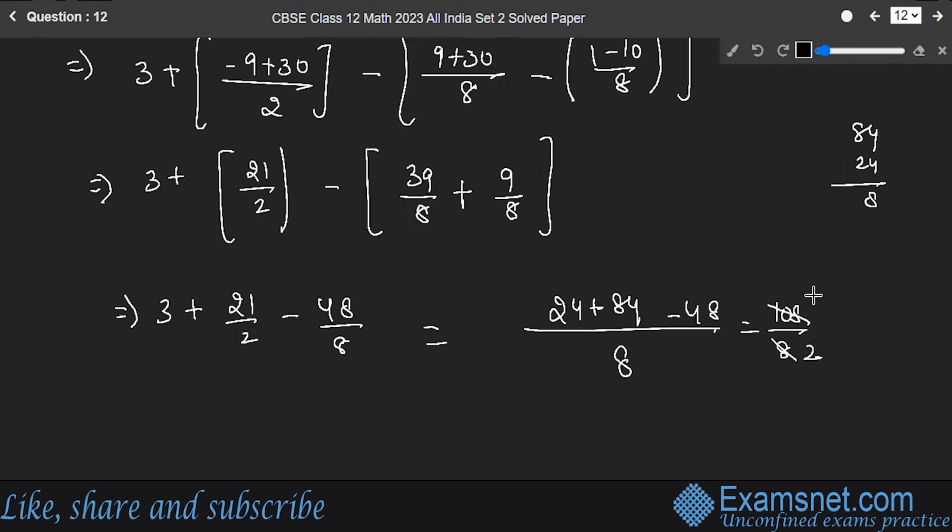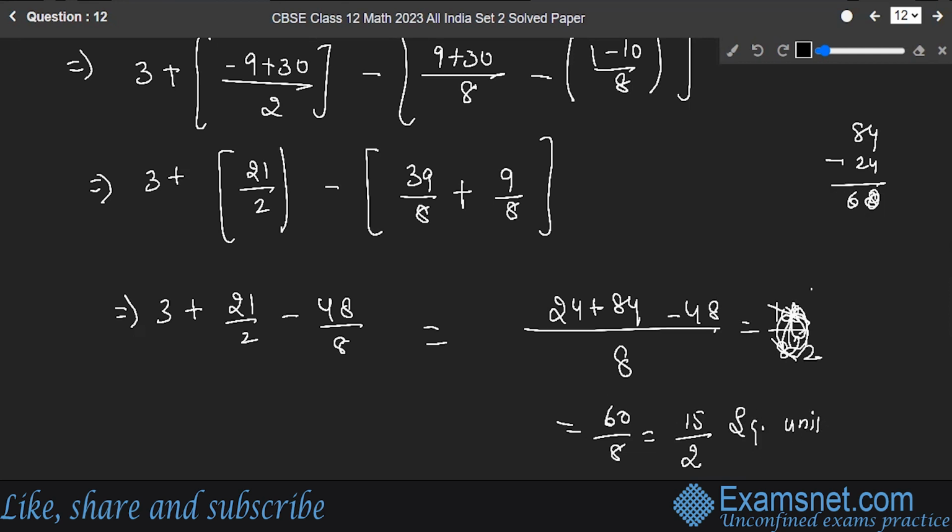So that's got to be, sorry, here I was supposed to subtract, so this is equal to 60. Okay, this is equal to 60 upon 8, or 15 by 2 square units.